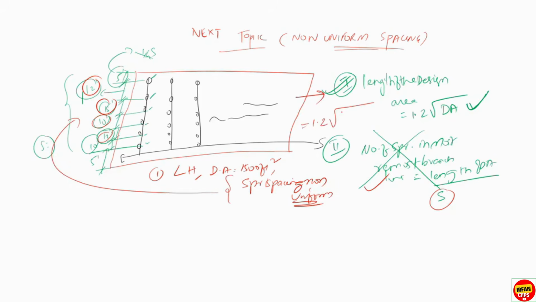So 1.2 times root of design area, for light hazard also 1500 square feet, you will get 46.47 feet. This is fine. Then we need to draw a line along the length till we get 46.47 feet. This will be calculated starting from the wall, from the most remote sprinkler.